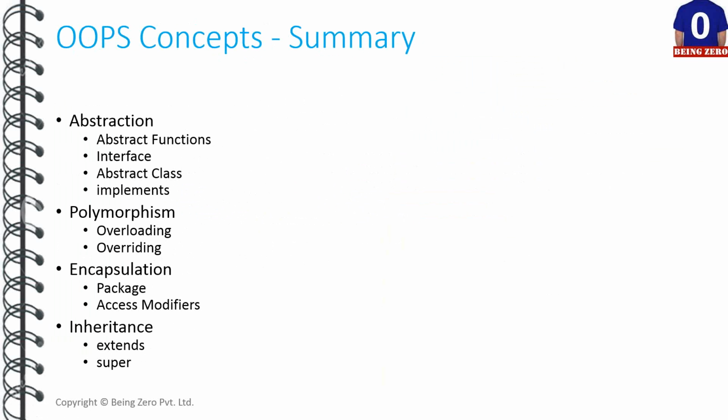The one which does not have a body. That is an abstract function. Then we talked about the concept of interface. An interface is a concept where an interface can contain only abstract functions, no data members, right? Then what is an abstract class?